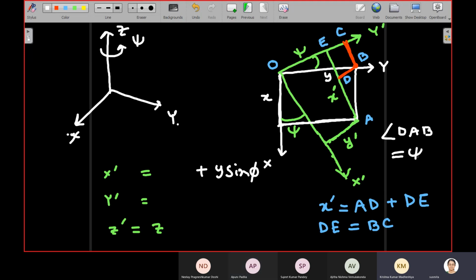DAB is psi. Then AB is x, right? AB is x. Then AD is x cos psi.